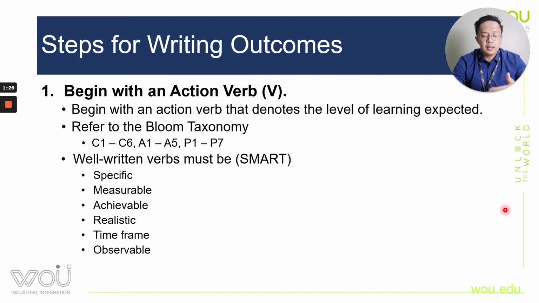Which level of learning do you want the students to demonstrate? So you have to use the action verb accordingly. You have C1 until C6 for cognitive, A1 until A5 for affective, and P1 until P7 for psychomotor. Okay, so for which action verb to use, you have to refer accordingly to Bloom's taxonomy.